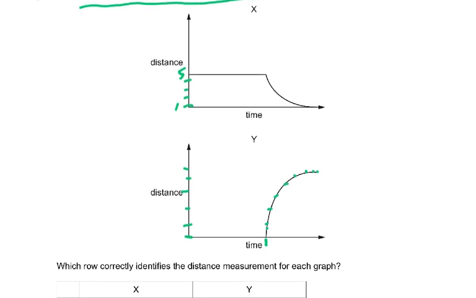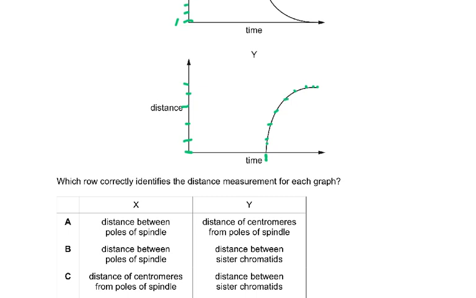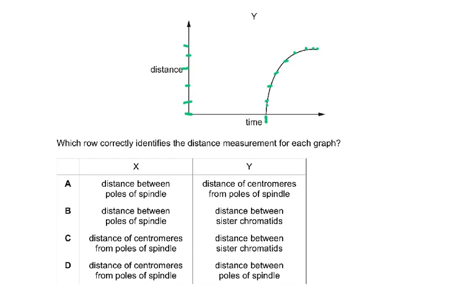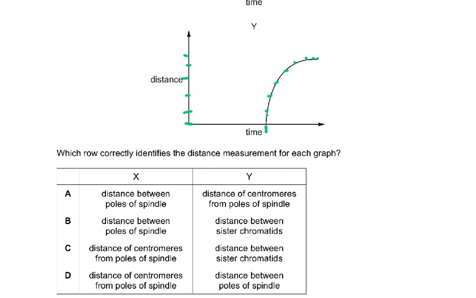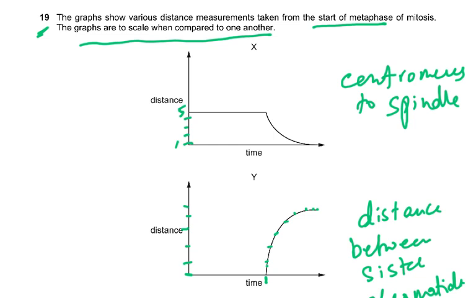Then it says which row correctly identifies the distance measurements for each graph. So what was happening in X? It remained constant and then it decreased. Now, of course, it's a little difficult if you've not understood the chapter on mitosis.